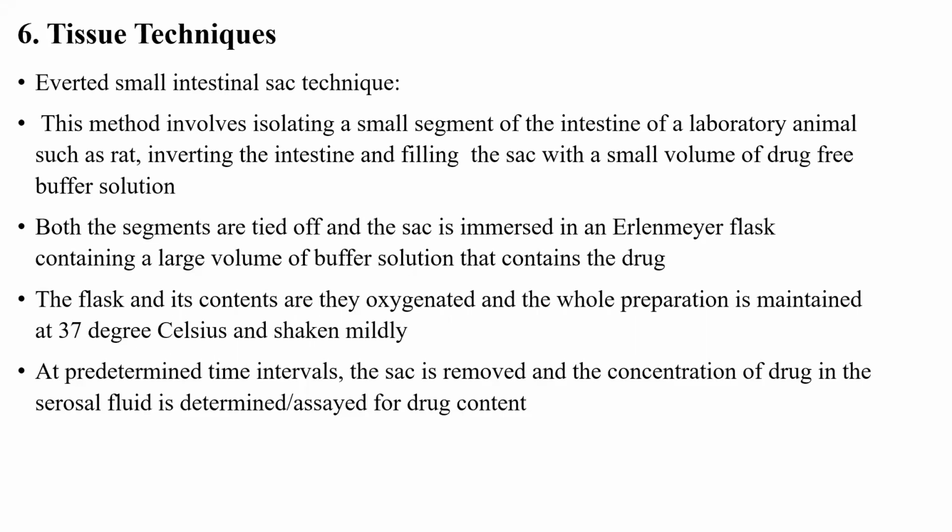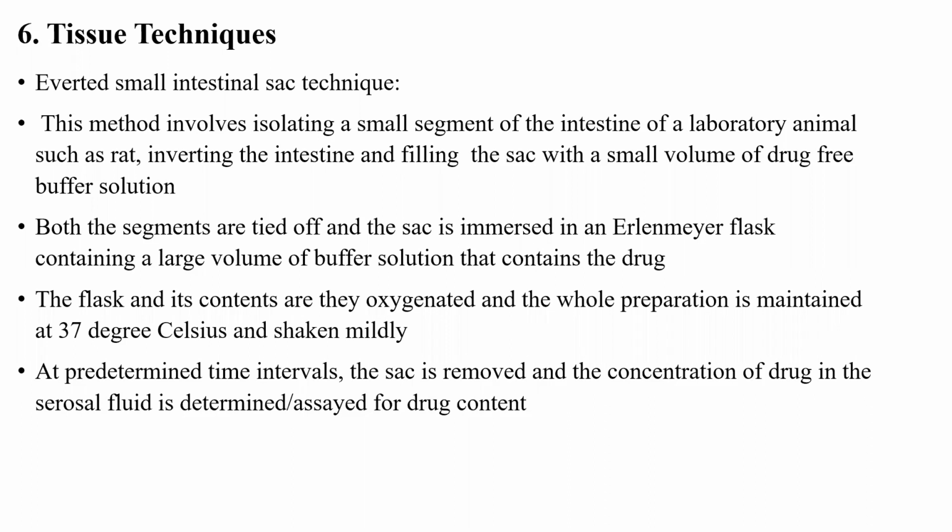And then tissue techniques. In tissue techniques, there are four types. Number one is the everted small intestinal sac technique. This method involves a small segment of intestine from a laboratory animal such as a rat, inverting the intestine and filling the sac with a small volume of drug-free buffer solution.